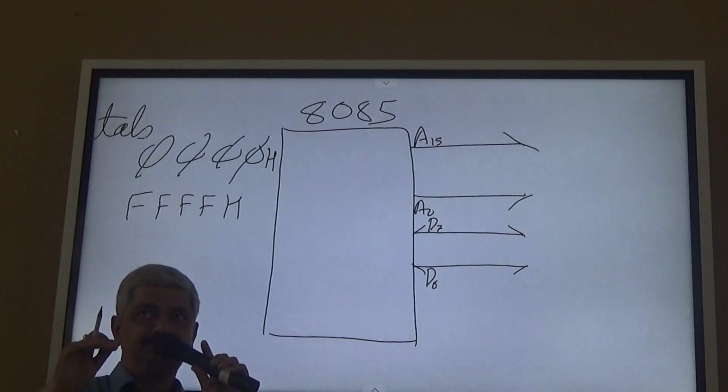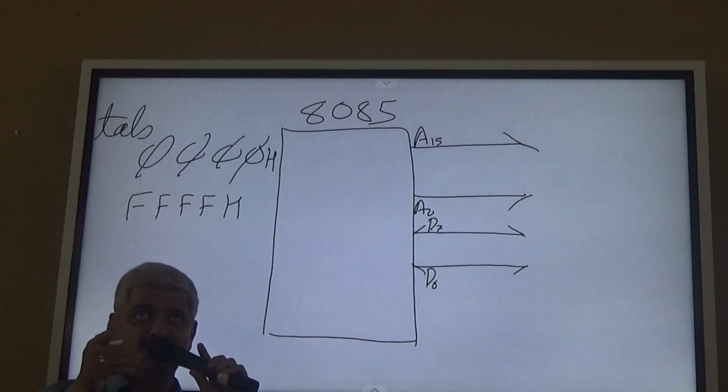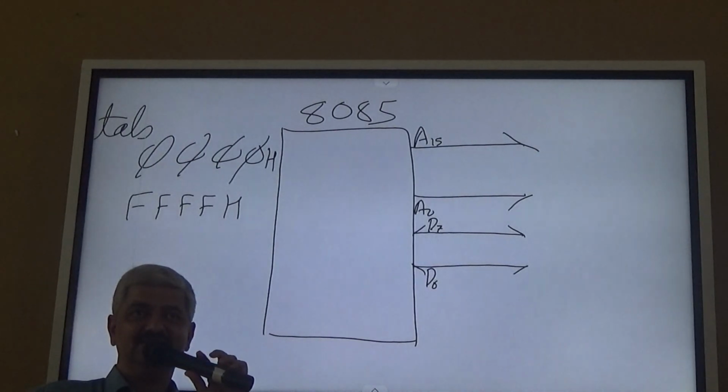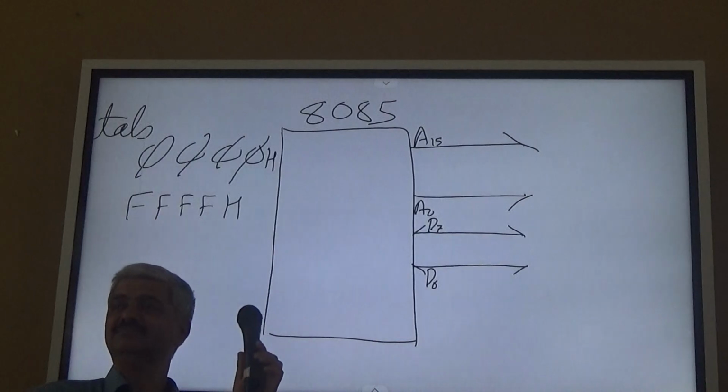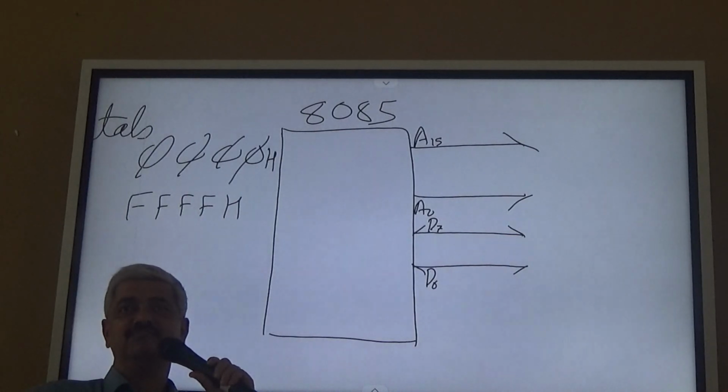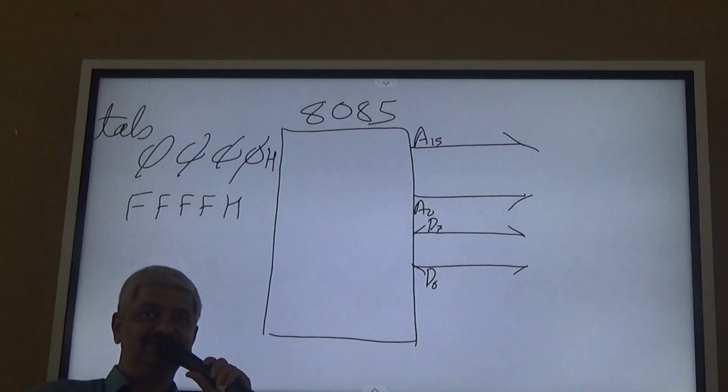Now, what risk, what threat is involved in outputting on a bidirectional line? It is bidirectional.